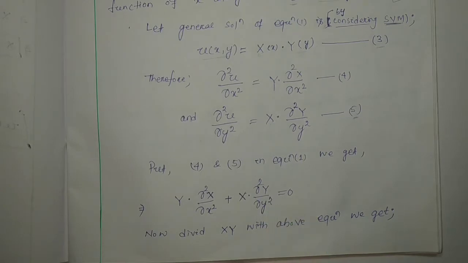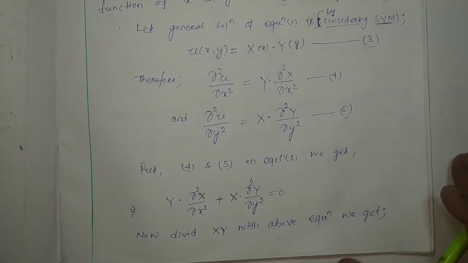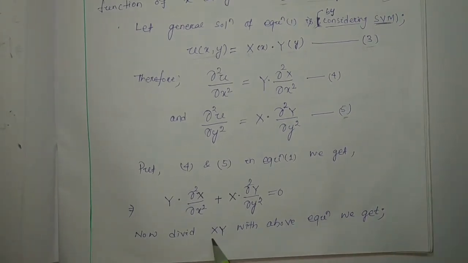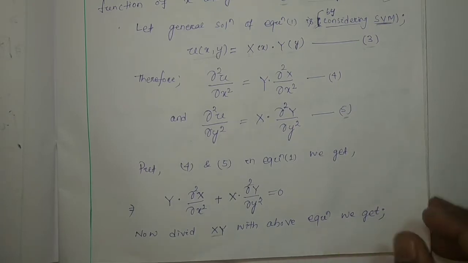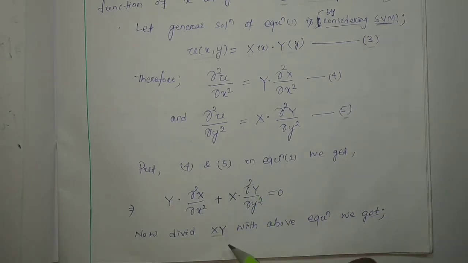Now we have to divide this equation by X into Y. We are following the steps and procedures that we discussed in the first class of the separation variable method. You can follow that video. So by dividing by XY, what are we going to get?